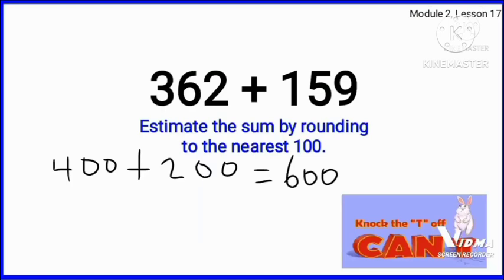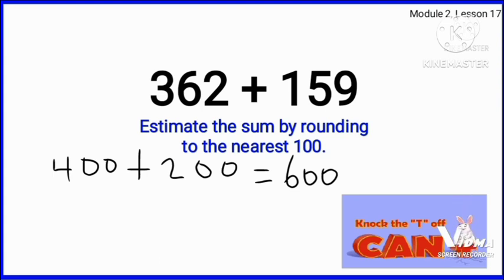Let us estimate the sum of these two numbers, 362 plus 159. Let us round the numbers to the nearest 100. 362, between 300 and 400, 362 is nearer to 400, so we can round it off to 400. 159, between 100 and 200, the midway is 150, so 159 is closer to 200, so we'll round it off to 200.